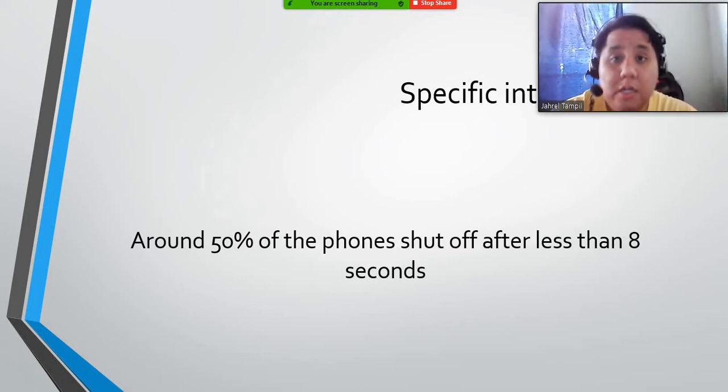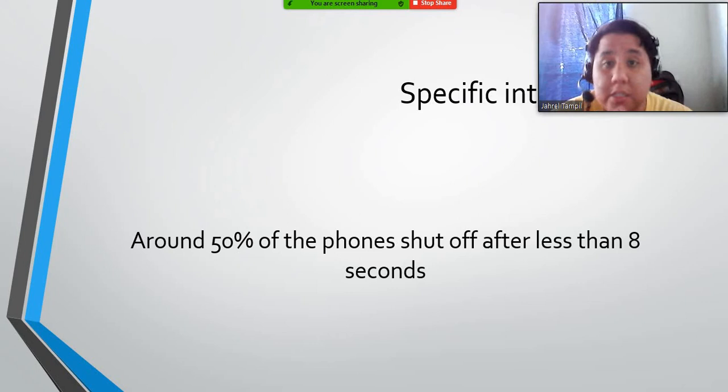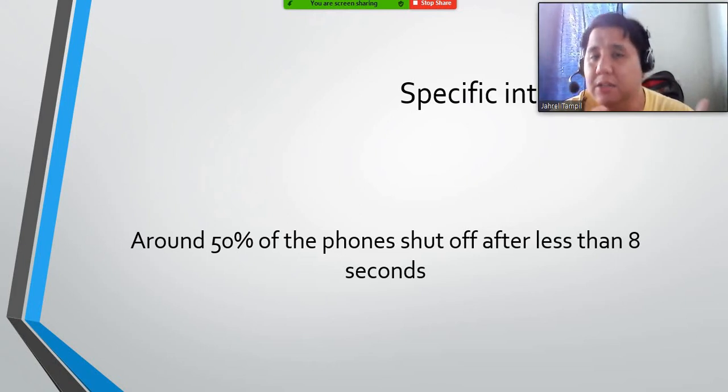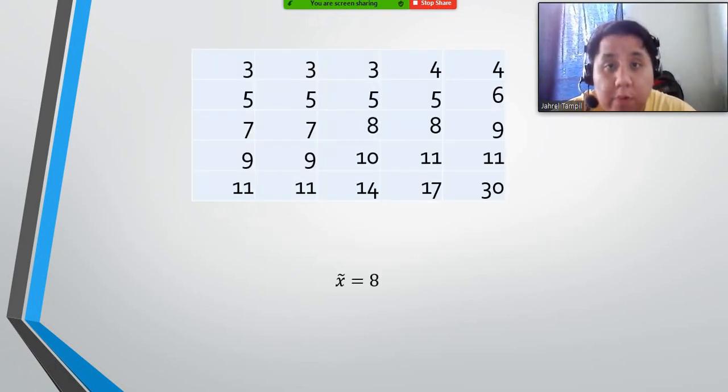Here, another picture is given to us by this description. This is telling us that around half, or around 50%, of the phones that we've got will shut off in less than 8 seconds. So this is another thing that can give us an idea of the performance of our data.